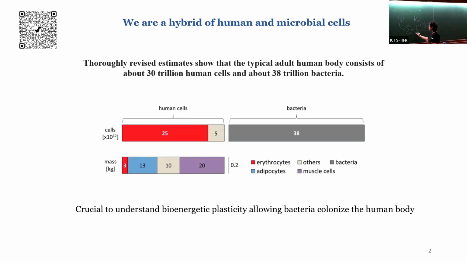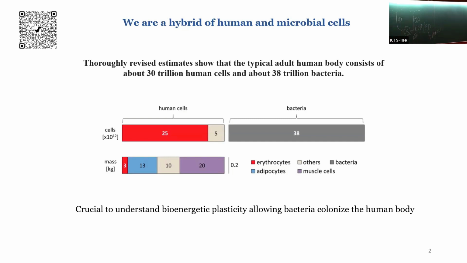While the EMP pathway is more efficient in producing ATP, the ED pathway is more efficient in conserving or utilizing your proteome, or it uses a smaller number of proteins to produce that ATP. So that's what I mean by metabolic plasticity in general.